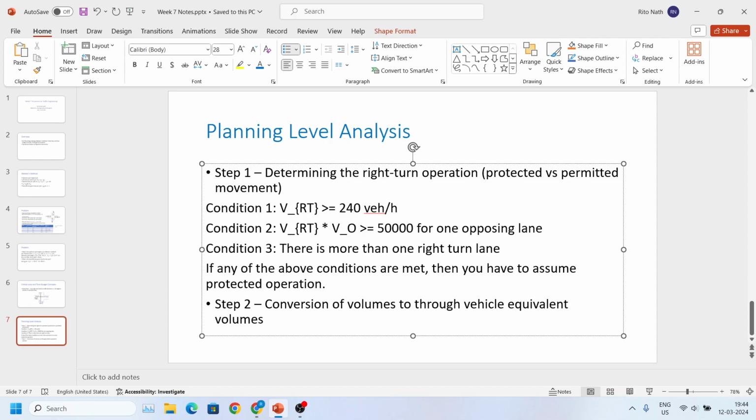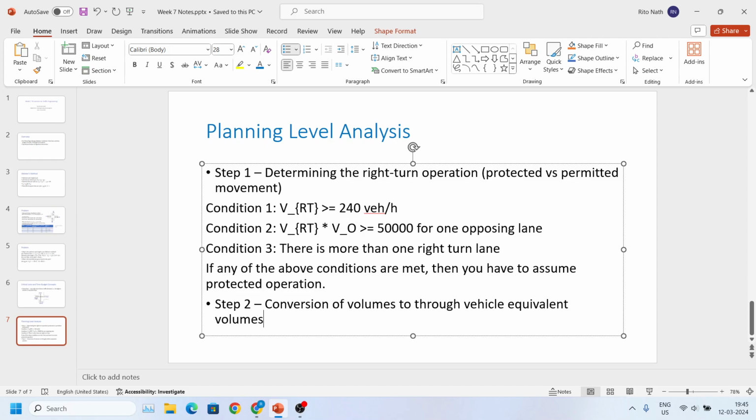You have a bunch of factors that should be combined multiplicatively, and you multiply these equivalency factors with some movement volume to get the equivalent through movement flow rate, expressed in through passenger cars per hour, which is TPC per hour.